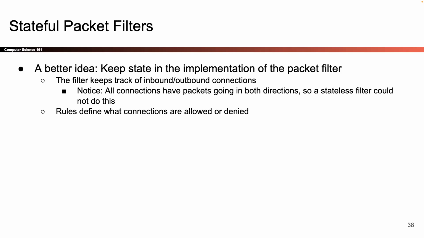Because if I have a bunch of packets, I can reassemble them into a connection, and I can start keeping track of data that the other person sent, or data that the user from the inside sent outbound, or data that's inbound from the other person. So I can keep track of connections now. And then I can think not only about every packet one by one, but about the different connections.